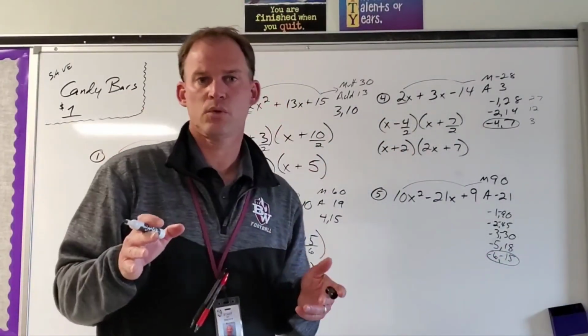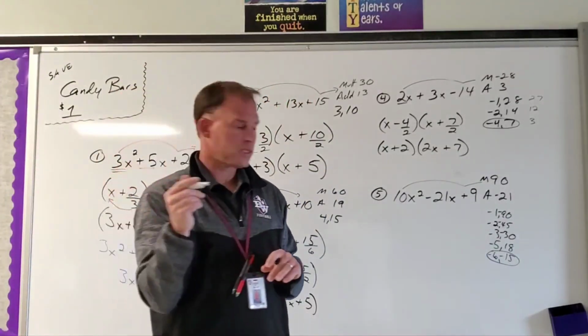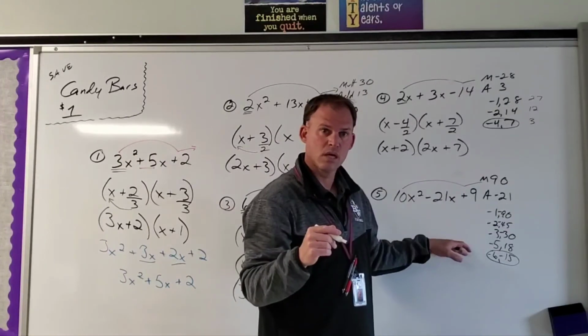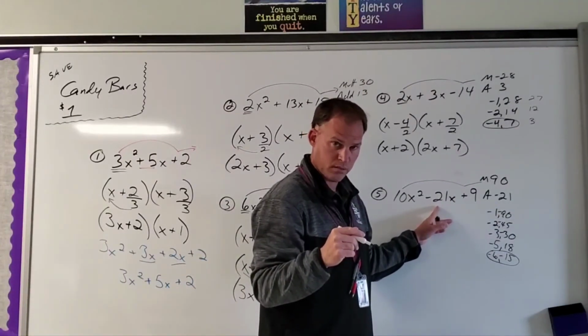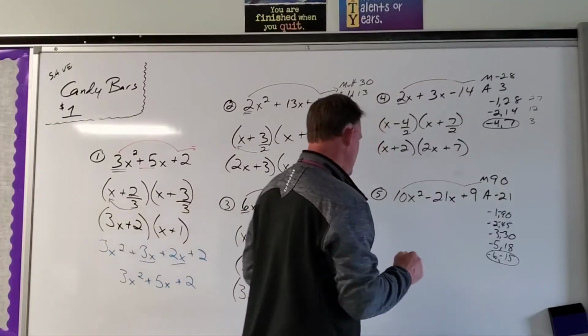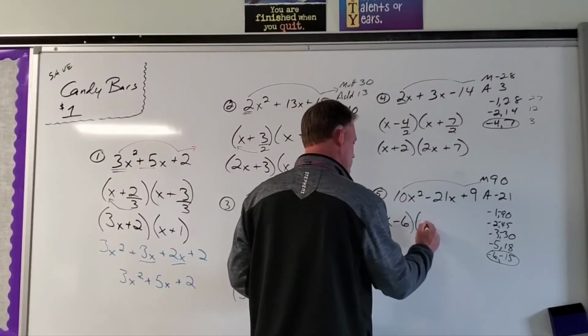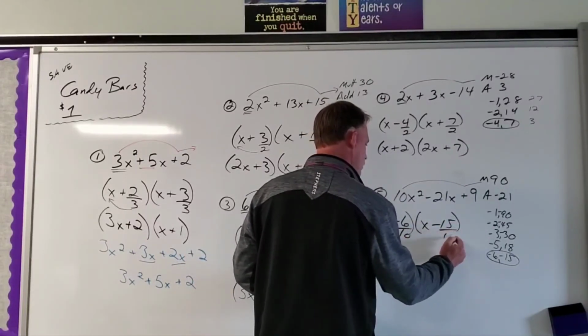Use the sheet that you have on a separate sheet of paper right off to the side and start doing the list until you find the combination that adds up to the middle number you need. Once you find it, finish the process. Over 10, over 10.